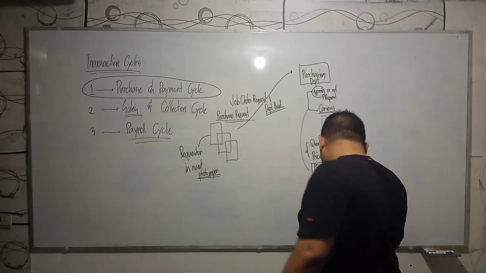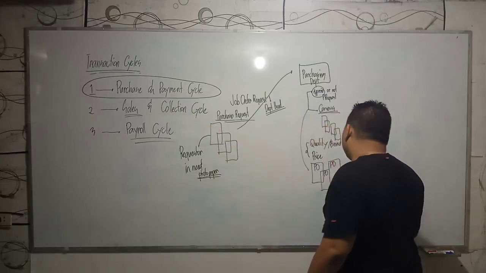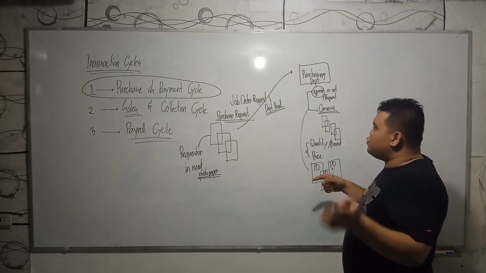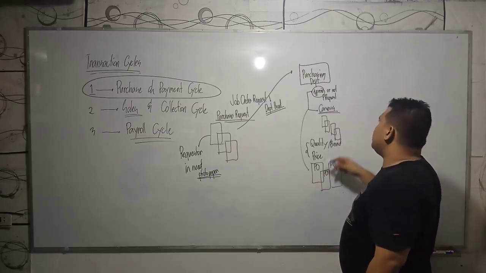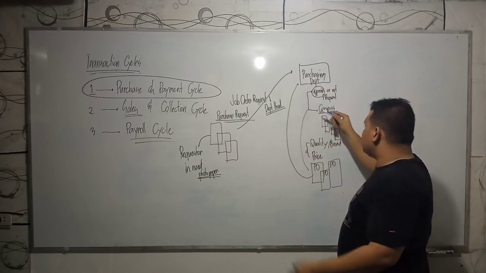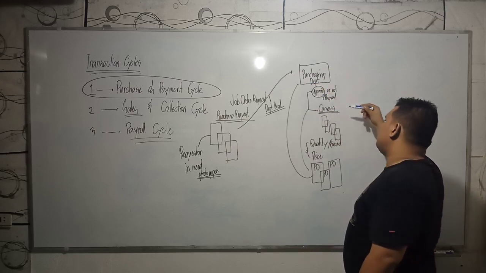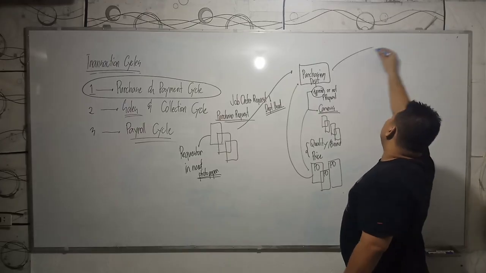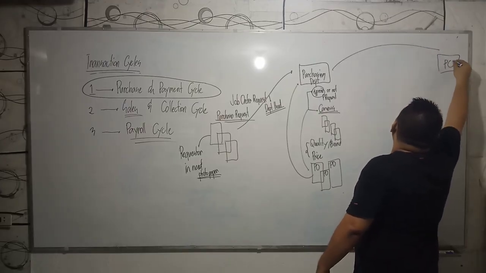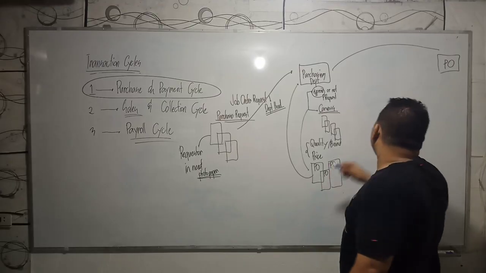Okay? But basically, let's assume that the purchasing department has the discretion of having this PO without any approval at all. So that particular PO, one copy of the PO will be left with the purchasing department. The other one will go to the supplier.